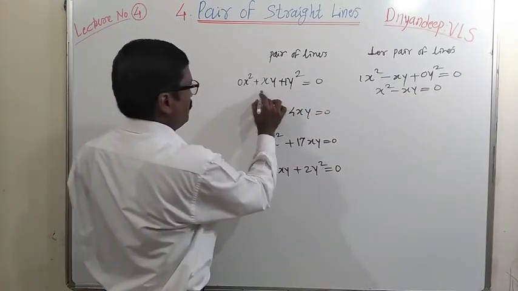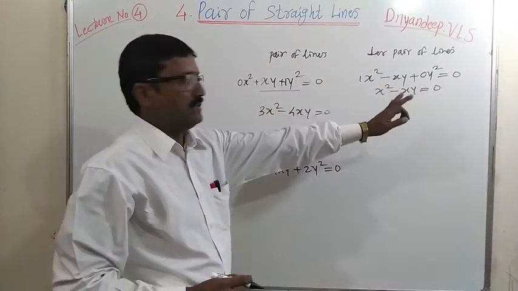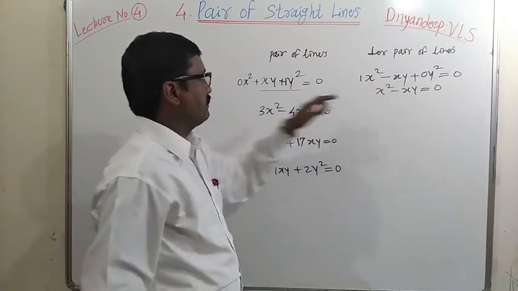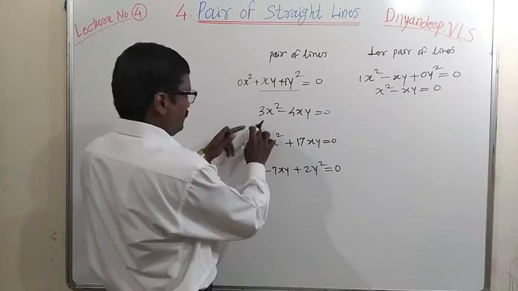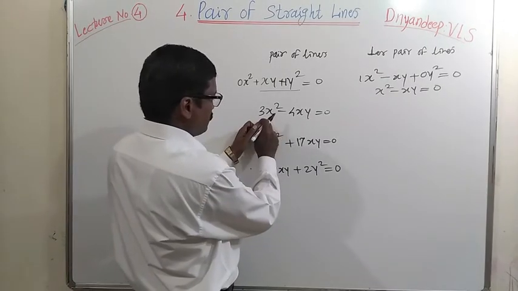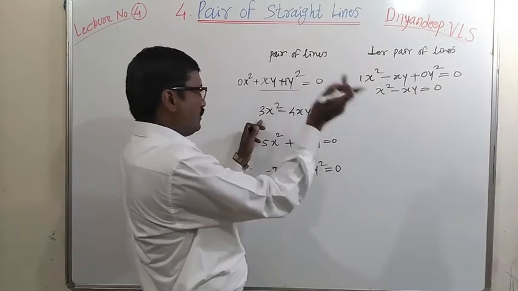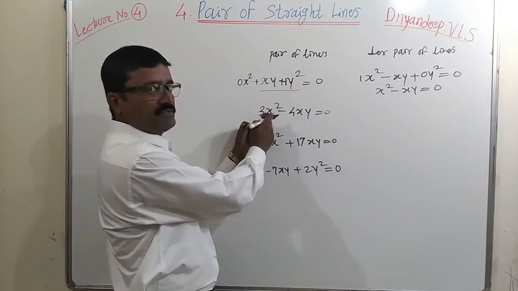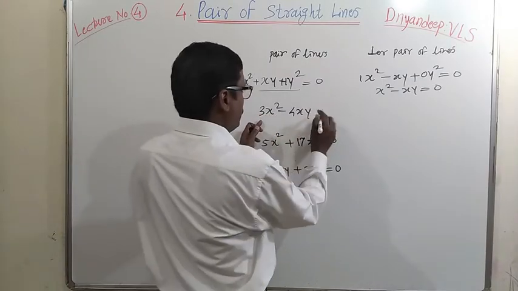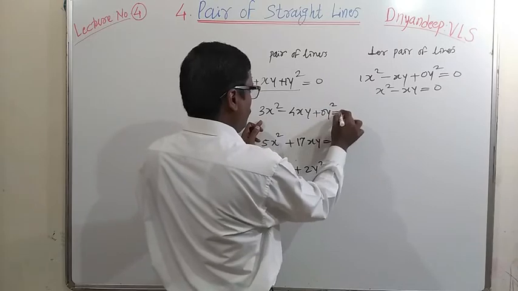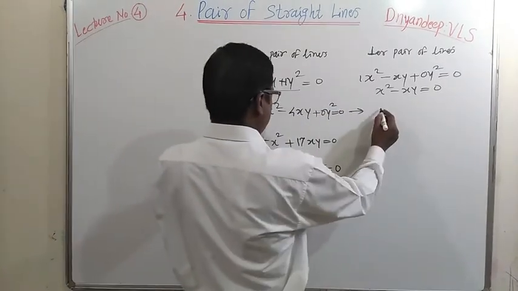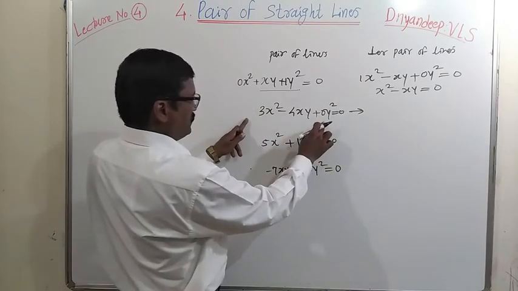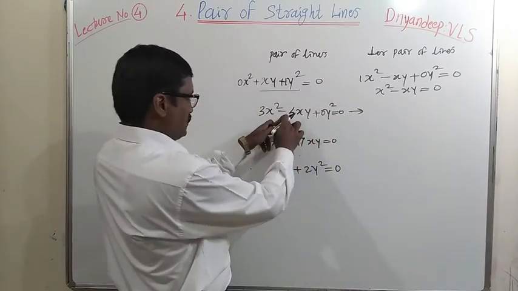So whenever the given pair has xy plus y square, the combined equation of lines perpendicular to the lines given is x square minus xy. Now here also x square is given, so give this coefficient to y square. Obviously the coefficient of x square will become 0, because here is 0 y square. So for the perpendicular lines the x square coefficient will get cancelled. Here both are positive, same, so change.